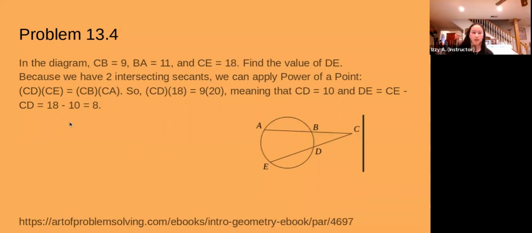So 18 minus 10 is equal to 8. I'll just leave this up here, and then we can move on to the next problem.